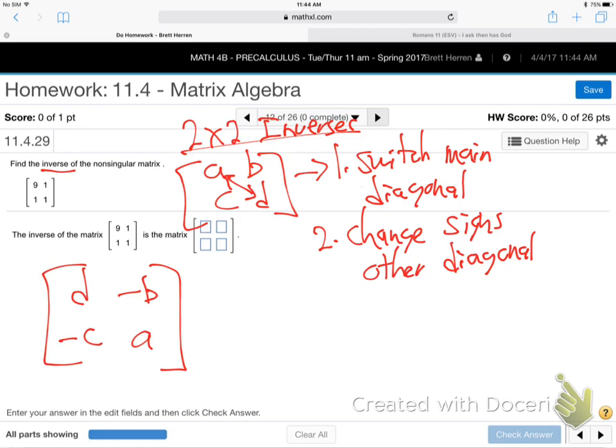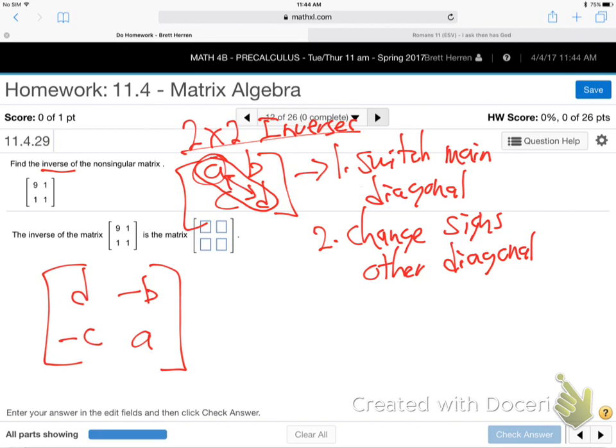So you switch the main diagonal. When I say main diagonal, I mean upper left, because that's the first entry in the matrix. So we call it the main diagonal. The other one's the other diagonal.